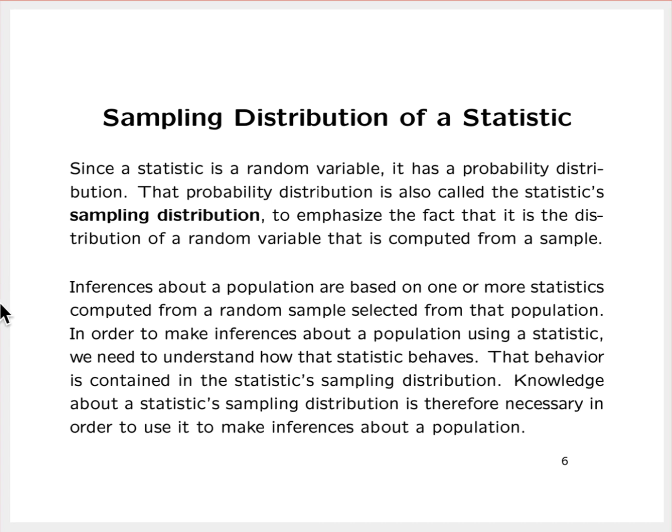And this is what we're talking about here. We're using one or more sample statistics in order to make inferences about the population from which the sample was obtained. In order to do that, we have to know something about the probabilistic behavior of those statistics. And that probabilistic behavior is contained in the sampling distributions of those statistics.